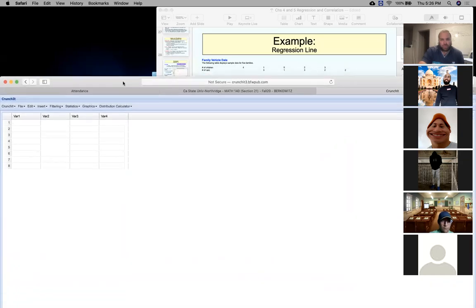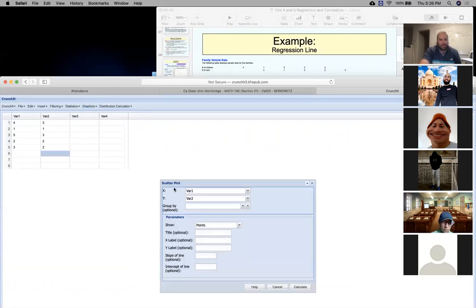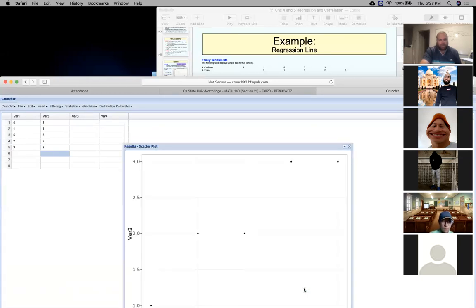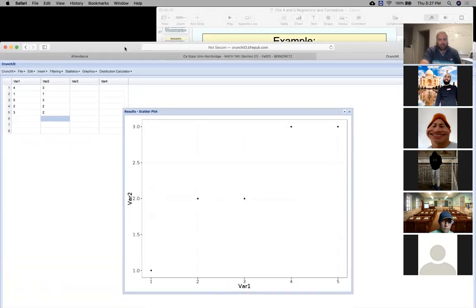So let's put our data in here. 4, 1, 5, 2, 3. And 3, 1, 3, 2, 2. And then we go to graphics and we make a scatter plot. I really don't care about the labeling right now. I want to show the points. So let's calculate. And that's my scatter plot.